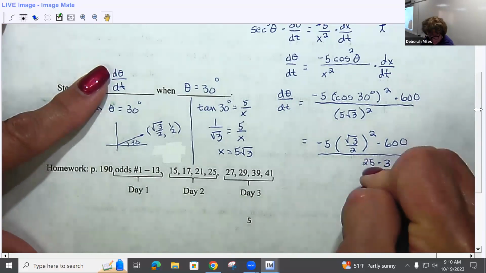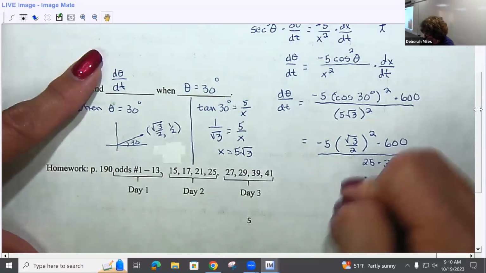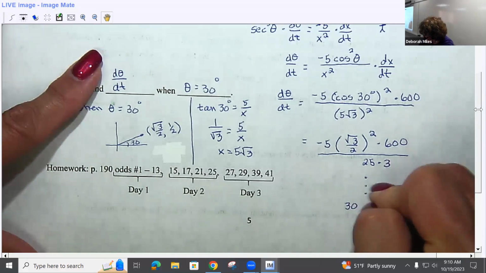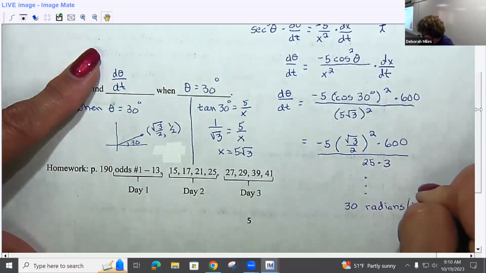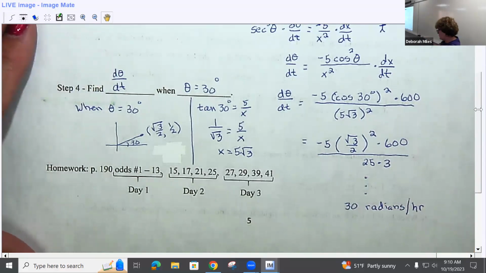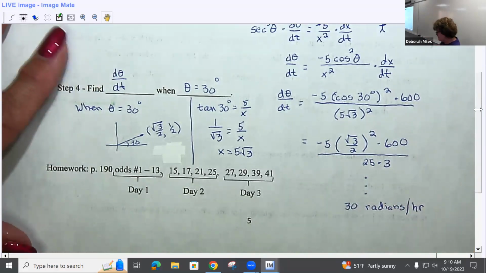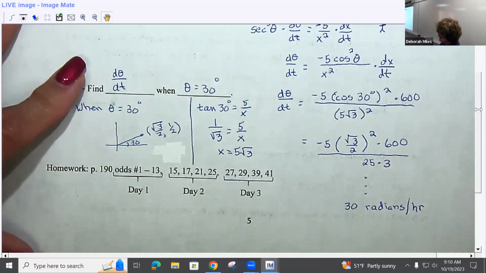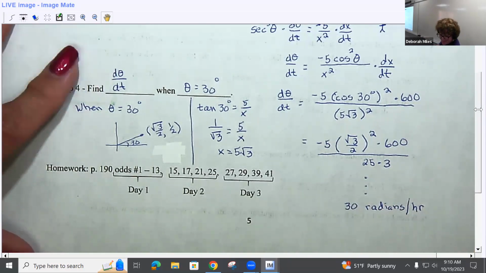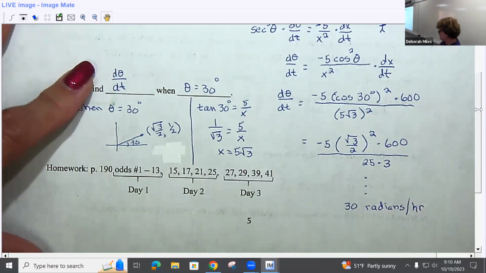I ended up with 30 radians per hour. It took me a few more steps of simplifying, but it turned out to be 30 radians per hour. Is that the exact? That actually was exact. It came out to be a whole number.